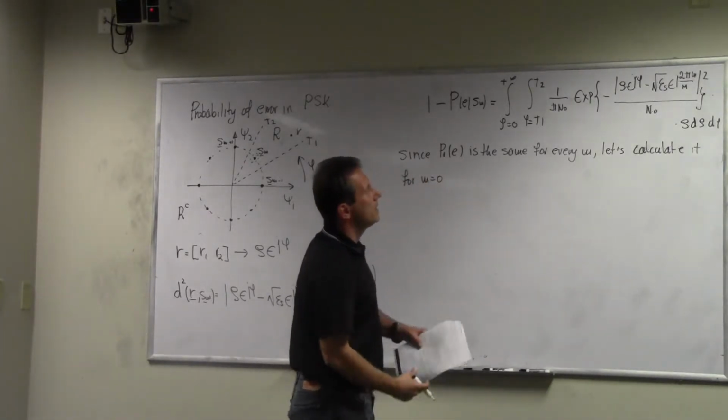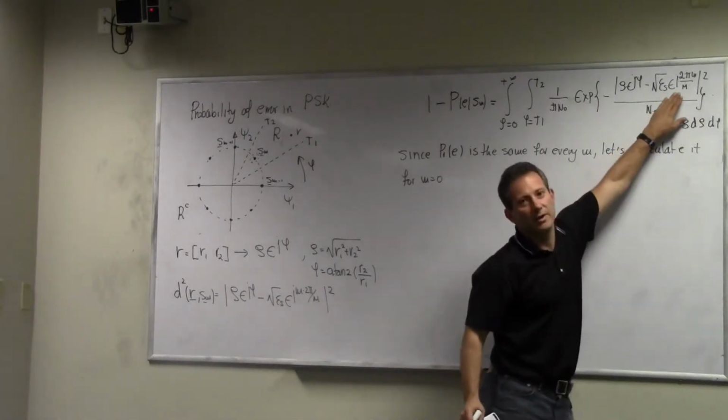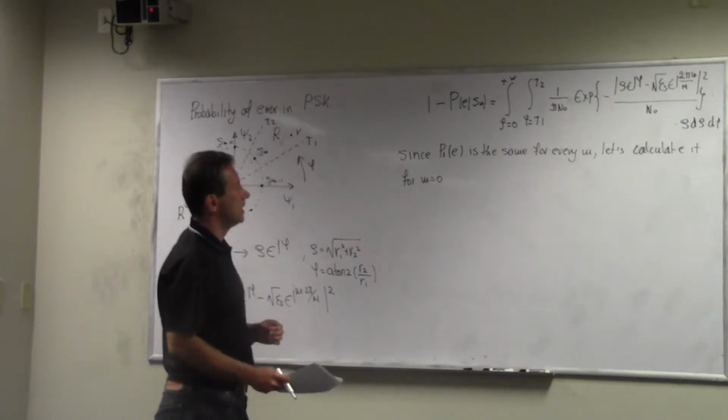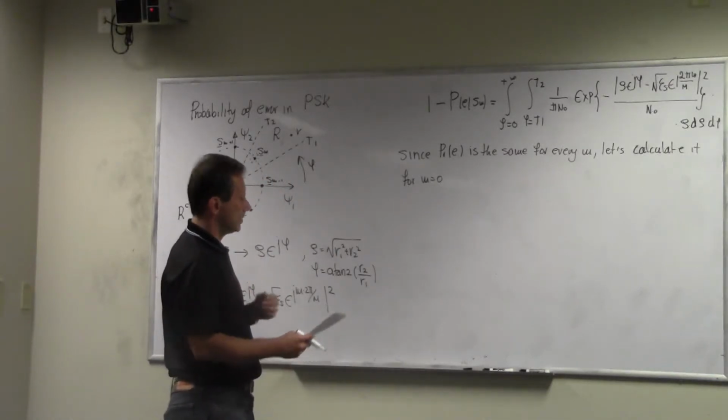Why m equals 0? Because then this goes away, and that helps in making this expression simple.